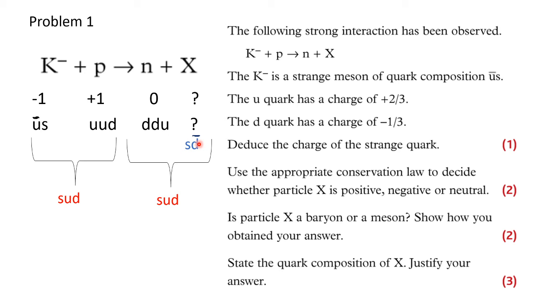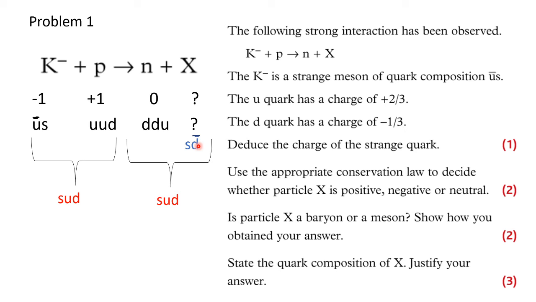If you take the charge of these quarks, you can deduce this particle's charge, but it's not necessary. So state the quark composition: that is s d bar, and X is a meson, not a baryon. It's a meson because it's a quark and an antiquark, right?